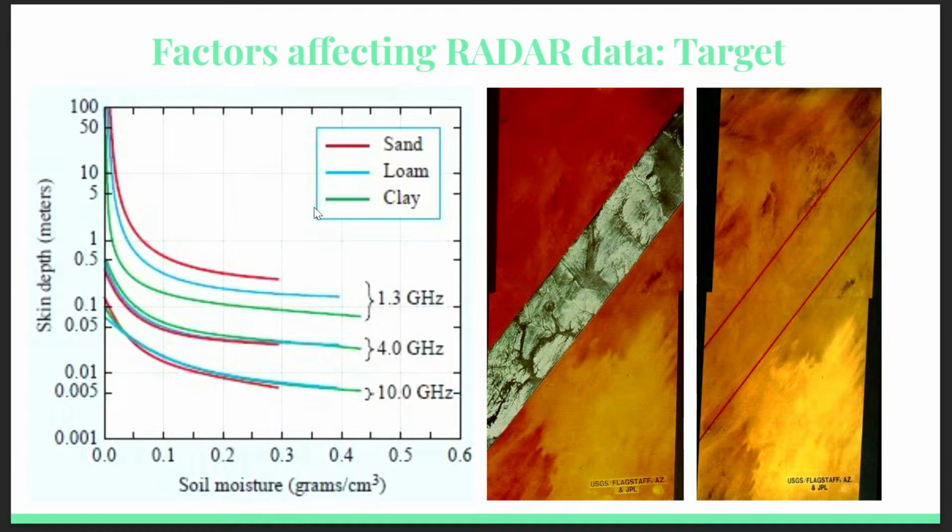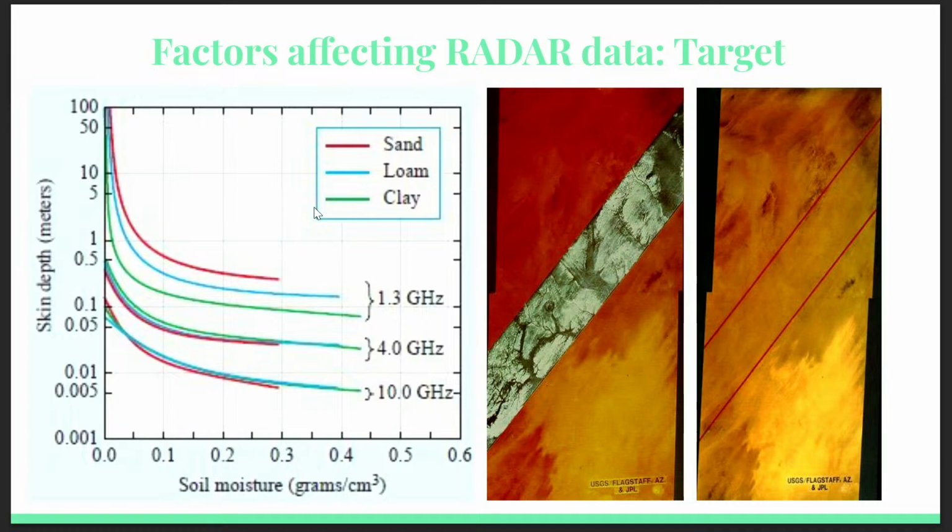But then if you see the soil moisture, for very dry soil we are getting very high penetration. For very moist soil, it is lower. It is not going to sufficient depth. So suppose you have some object under sand at 50 meters.